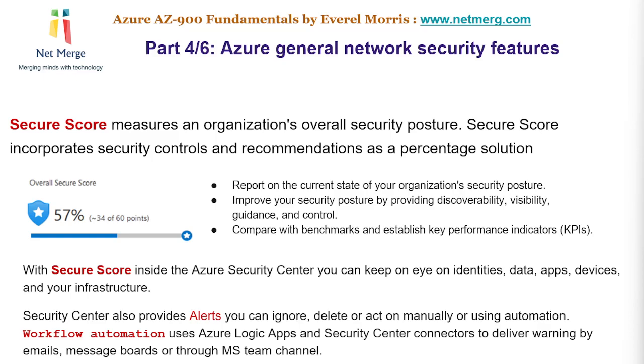Now, Security Center also provides alerts that you can either ignore, you could delete, or you could act upon those recommendations manually, or use an automation workflow to actually respond to those for you. Azure Logic Apps and Security Center connect to deliver warnings by email, or a message board through an MS Teams channel.